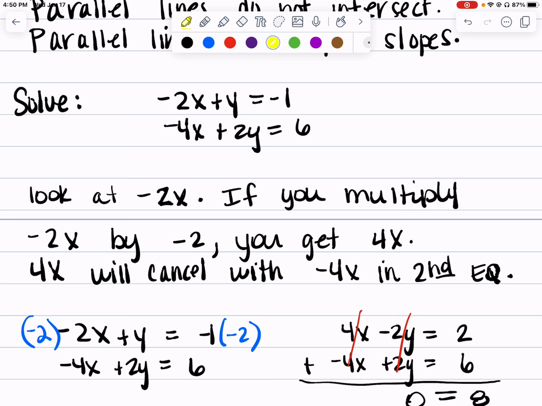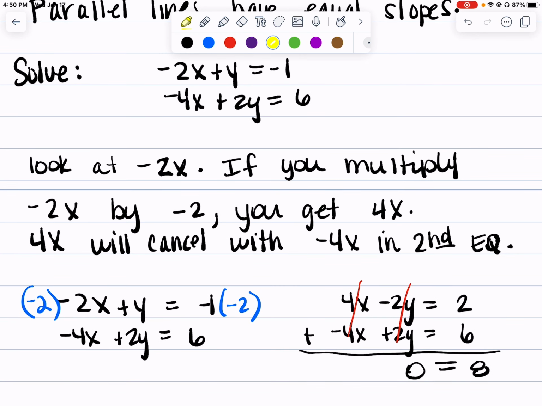Negative 2 times y gives me negative 2y. Negative 2 times negative 1 equals positive 2. Now, we don't have to do anything to the second equation in this example. So I'm going to add the two equations together.